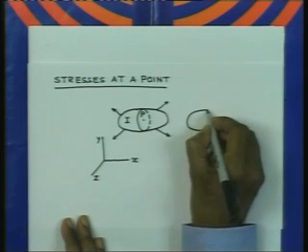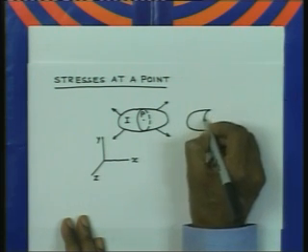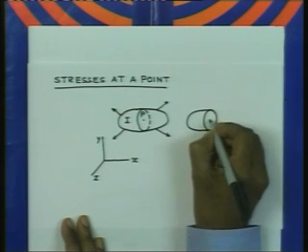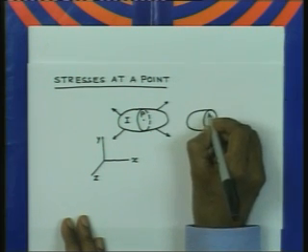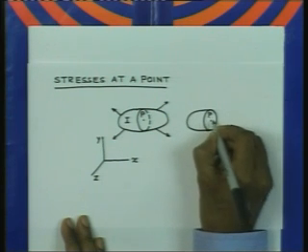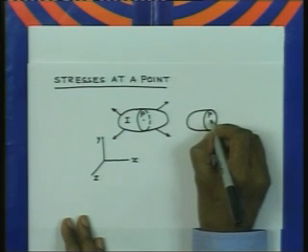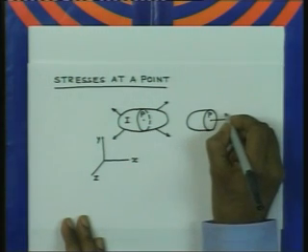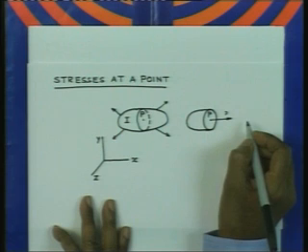So, this is our part 1, and the outer normal on this plane is oriented in the positive x direction.